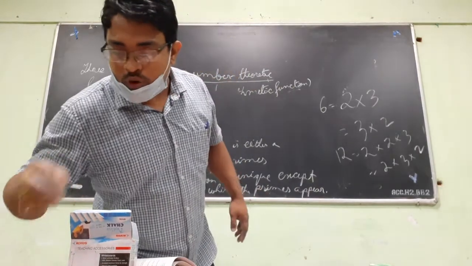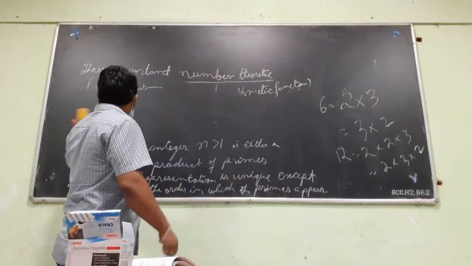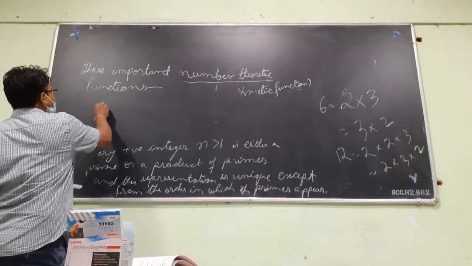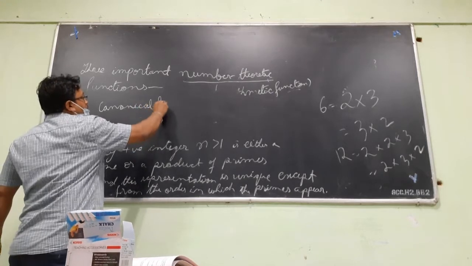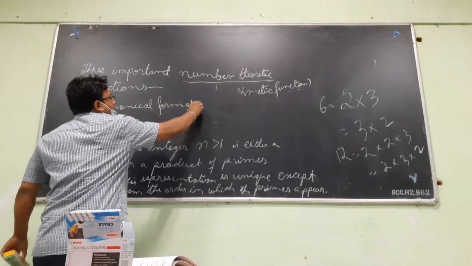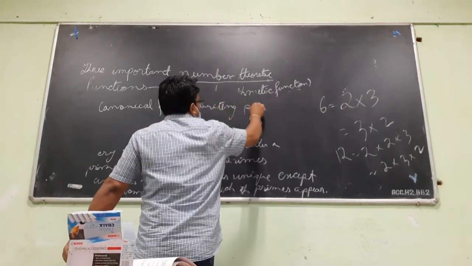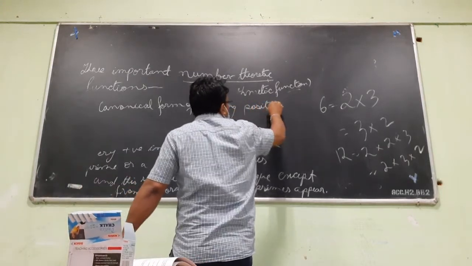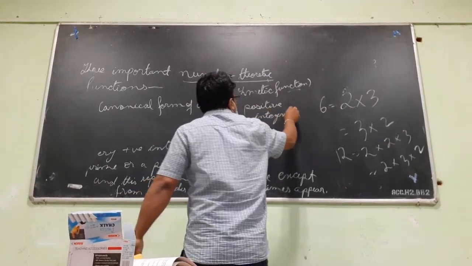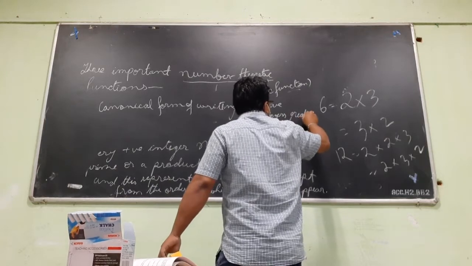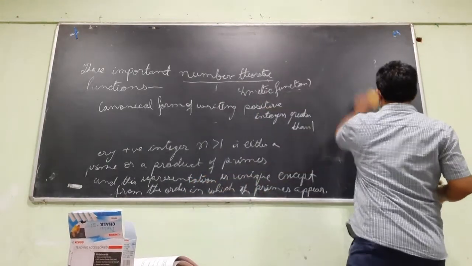That form of writing, 2 square into 3, is called the canonical form of writing positive integers greater than 1. What is that canonical form?